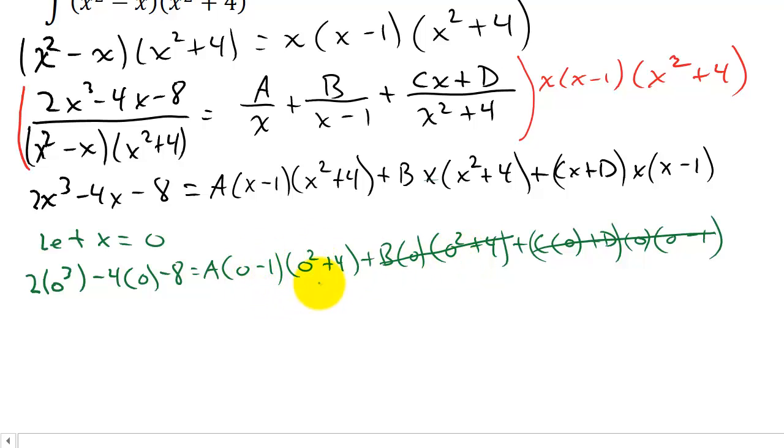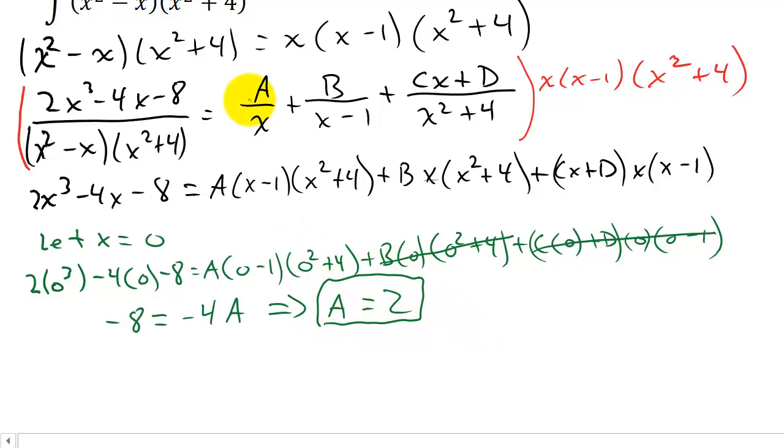So when I do this right here, I'm going to get negative 8 equals negative 4a. So that's going to give me a equals 2. Okay, so there's a equals 2. So there's my a. I'll plug into there.